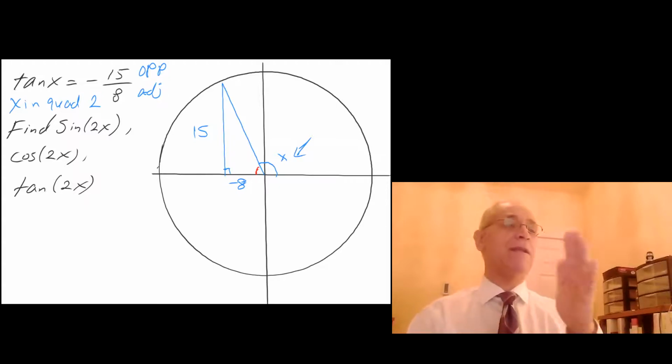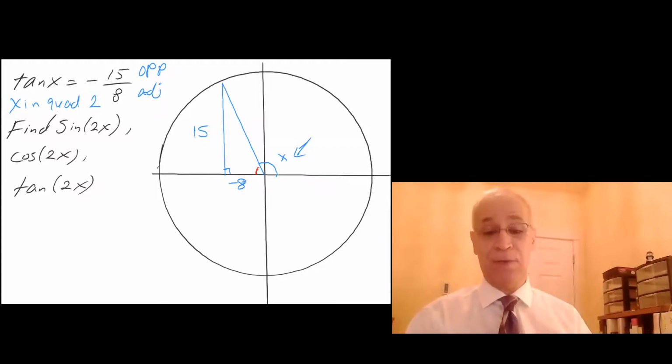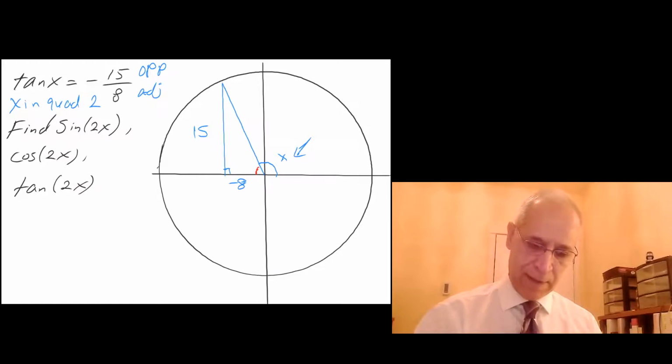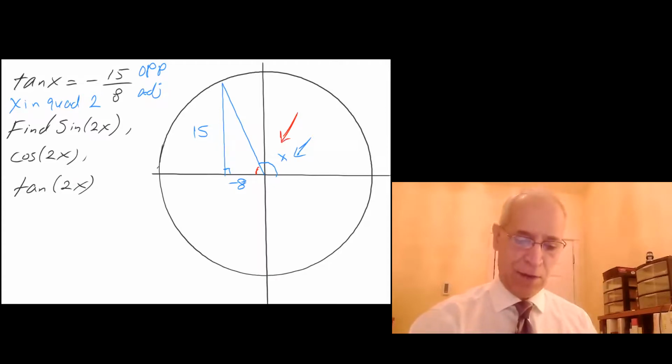If this was a really wide x, I could end up in the fourth quadrant, but in this case, I'm going to end up in the third quadrant. If I open an angle twice as big as this x, I'm going to end up somewhere around here.